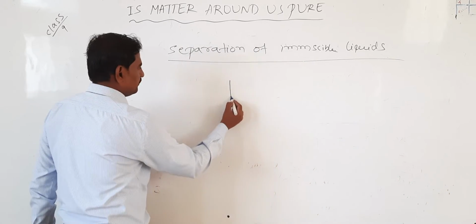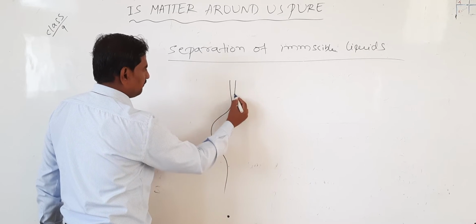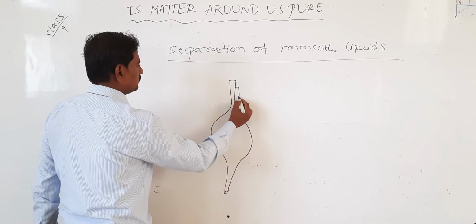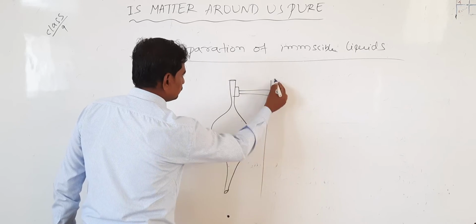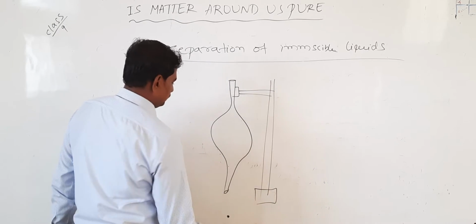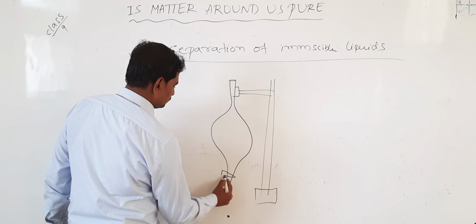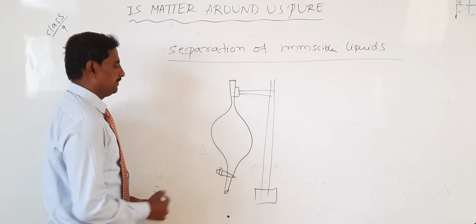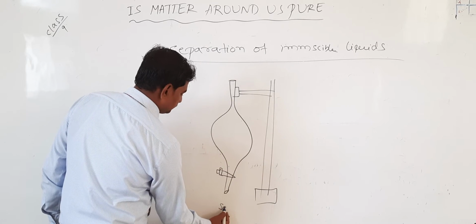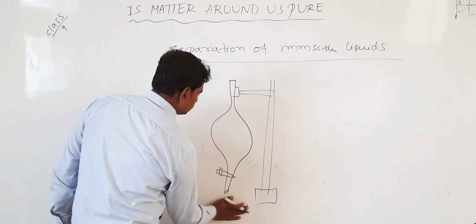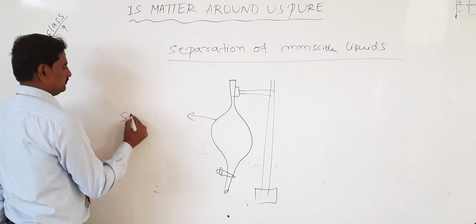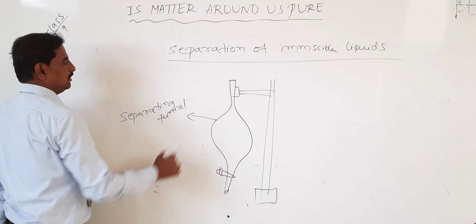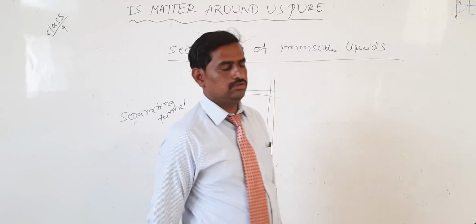This is called a separating funnel. How can we separate immiscible liquids?